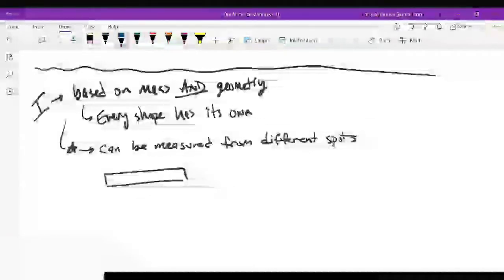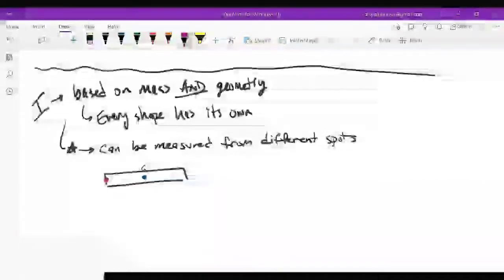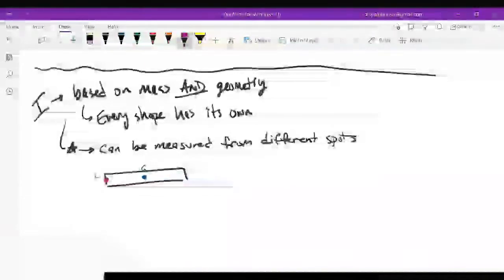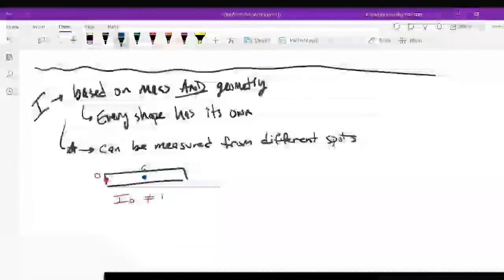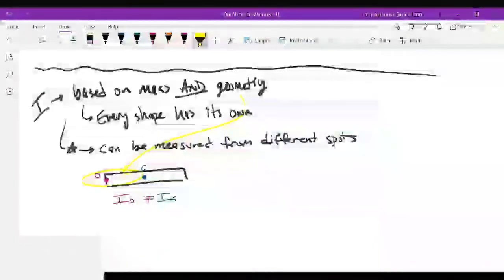The moment of inertia about the center of mass G and the moment of inertia about the edge of the rod O are different. The moment of inertia about O is not the same as about G because there's a distance that now has to be played into place, and we know geometry affects the moment of inertia. So you're adding a geometrical term by going off center. Does that make some sense?